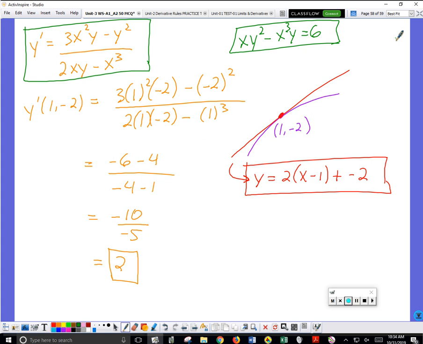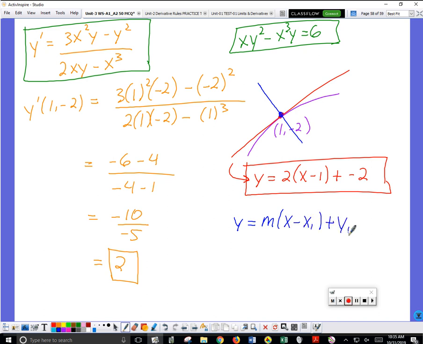Everybody with me? Okay, one other thing that will show up in the packet is they use the word normal. Normal means perpendicular. It's really easy. So right here, there's another line I could create. That line is easily written because it uses the same template. So it still looks like this.